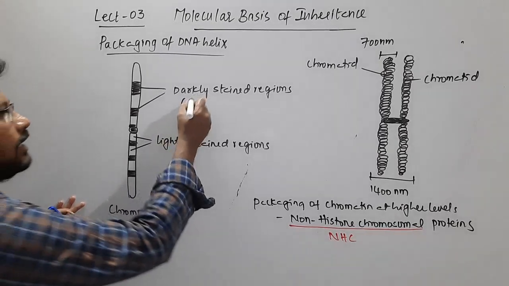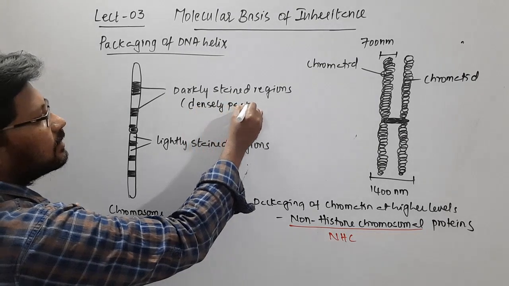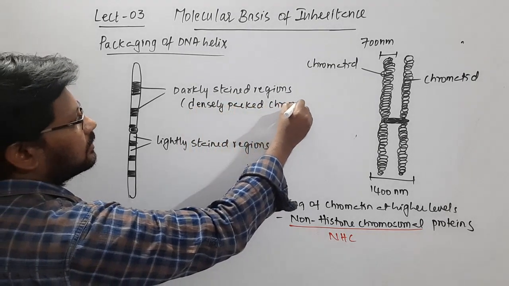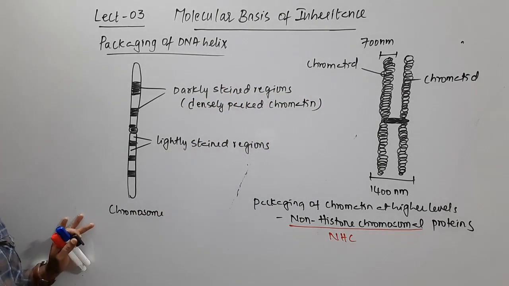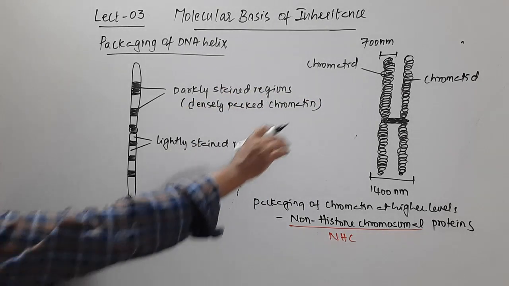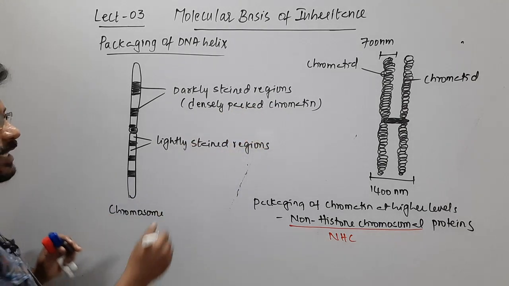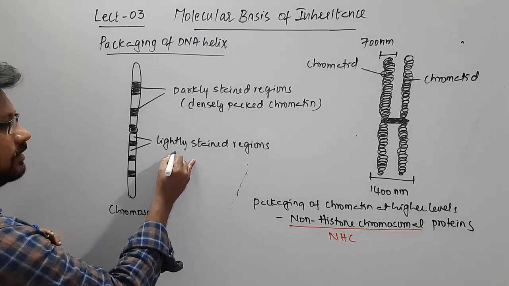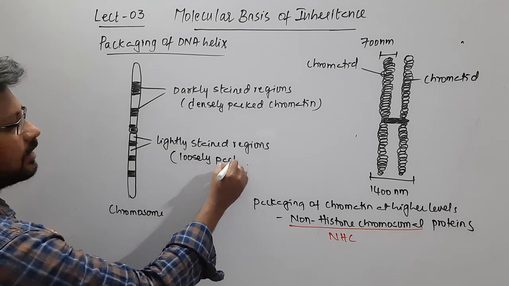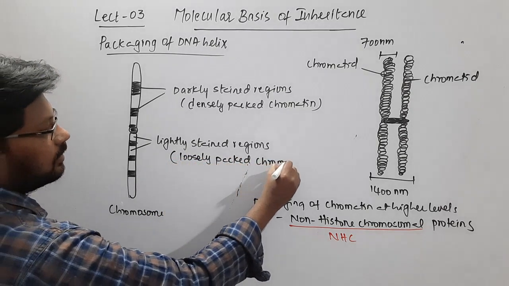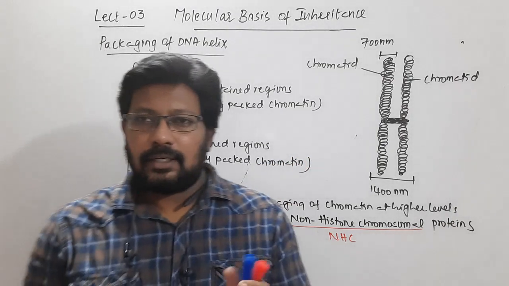So that's densely packed chromatin. In the region where we see dark stain, the chromatin is densely packed, so tightly packed. And in case of lightly stained regions, we see it's loosely packed chromatin, right?